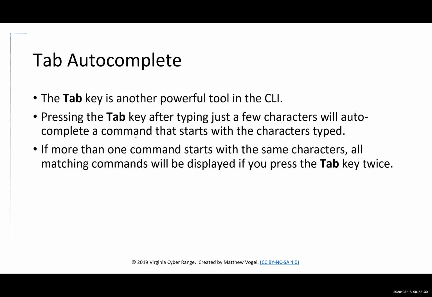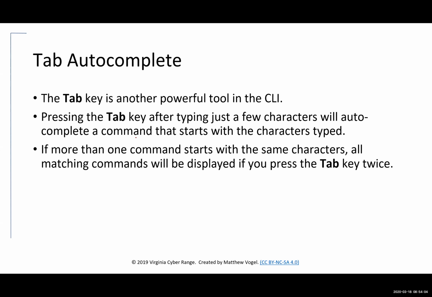What do I mean by that? It autocompletes what it thinks you're trying to type in. Well, not exactly. The terminal knows what the possibilities are. This is not using AI to analyze your typing and determine what you're trying to do. It's not like that at all.